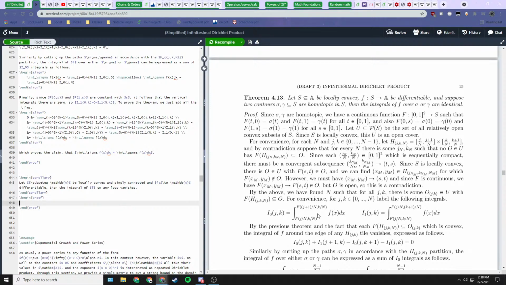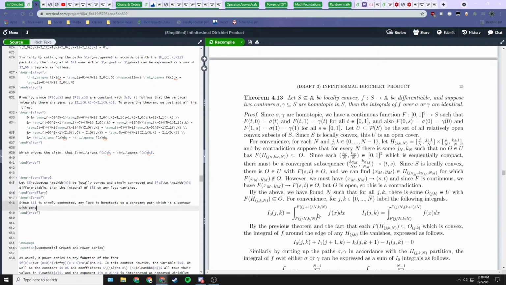So we can just say, since S is simply connected, any loop is homotopic to a constant path, which is a contour with 0 length.